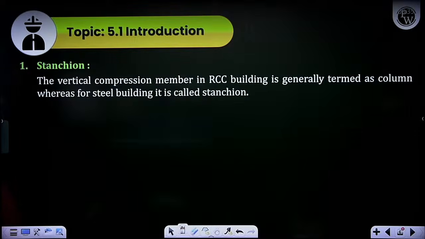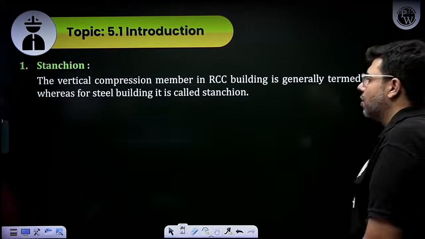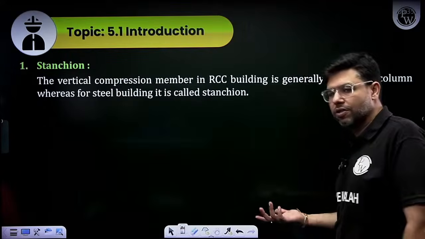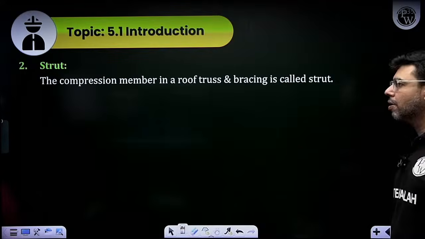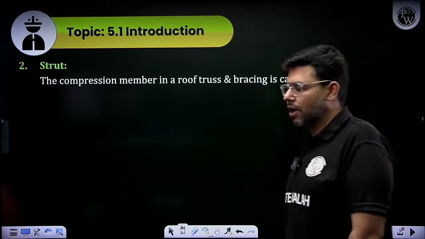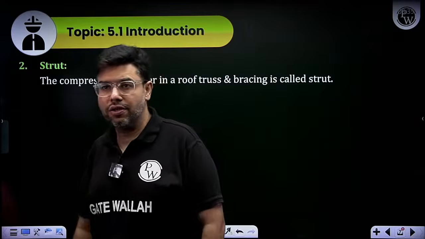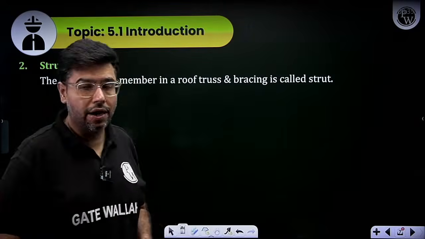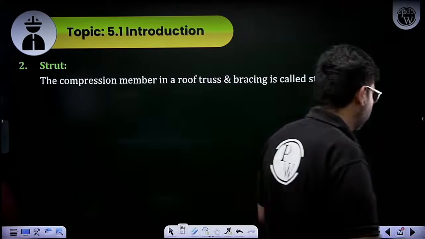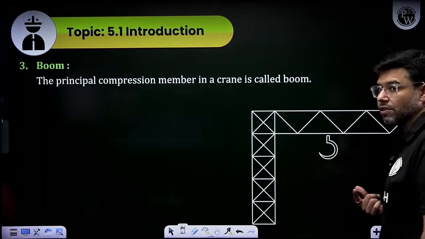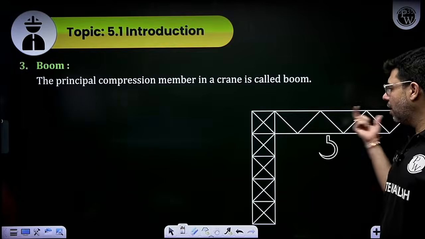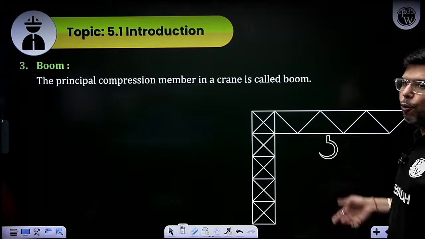The stanchion is a vertical compression member in a steel building. Then we have a strut, used in trusses and in bracing. The compression member is known as a strut, whereas the tension member is known as a tie. Then in a crane the principal compression member is known as a boom.